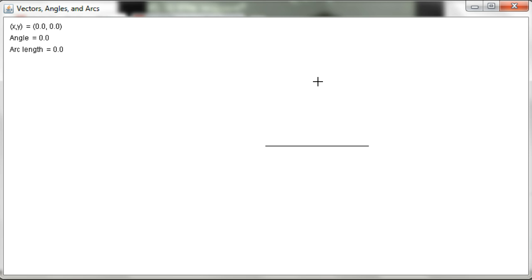This is the one where you click at a particular point, and this unit vector gets drawn here, but we also get the arc drawn, and up here we're recording the xy of the head of our vector, but we're also recording the angle in degrees right here, and the arc length, or the angle in radians, however you want to say it.